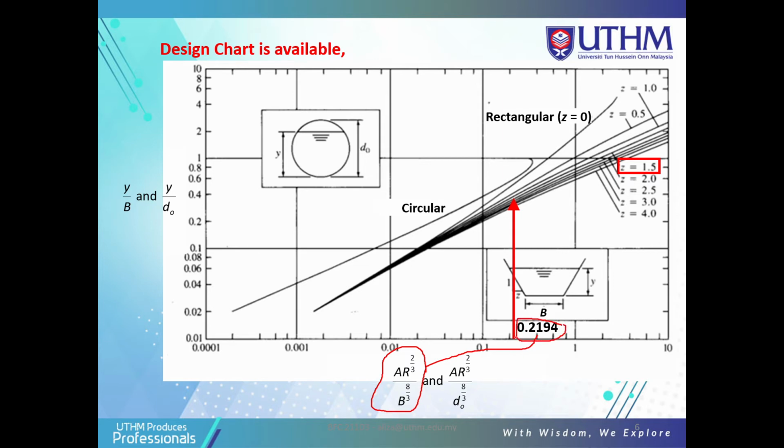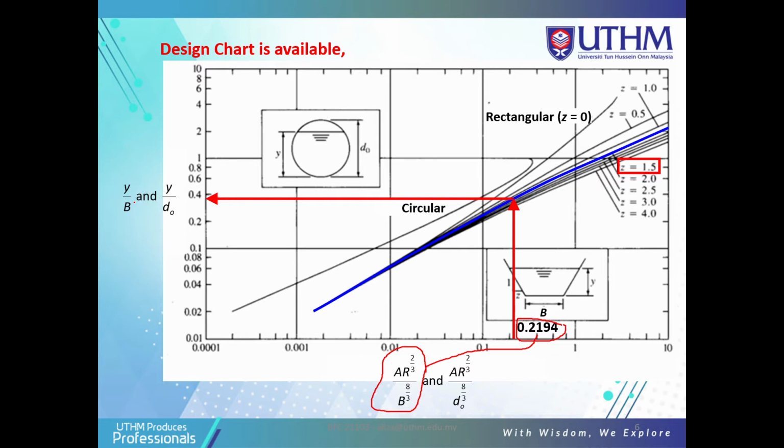Then you draw the line here until Z 1.5, at this line here, the blue line. The line below here is Z equal to 1.5. So you just draw the line to get the Y.